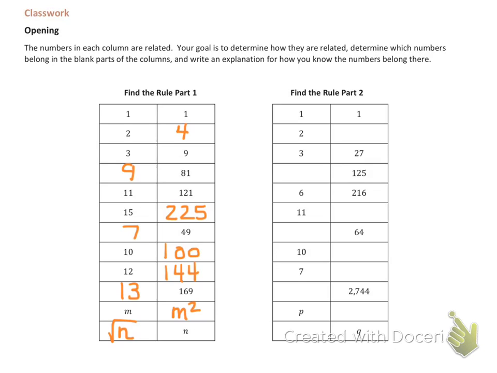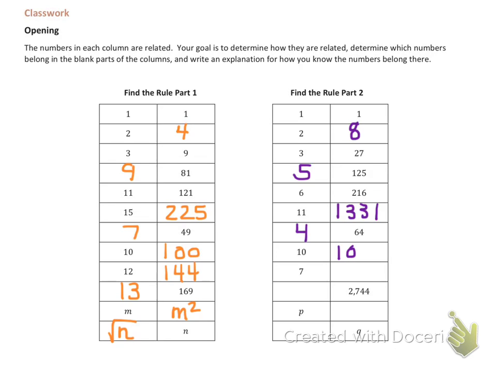Okay, so for Find the Rule Part 2, I'm going to start filling in the blank spots that you should have had. Love those multiples of 11, right? Let's see, 64 would be 4 over here.